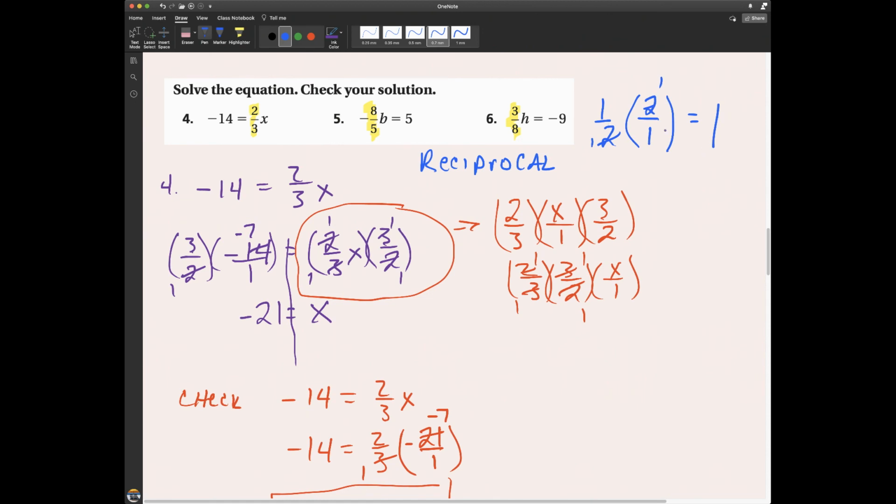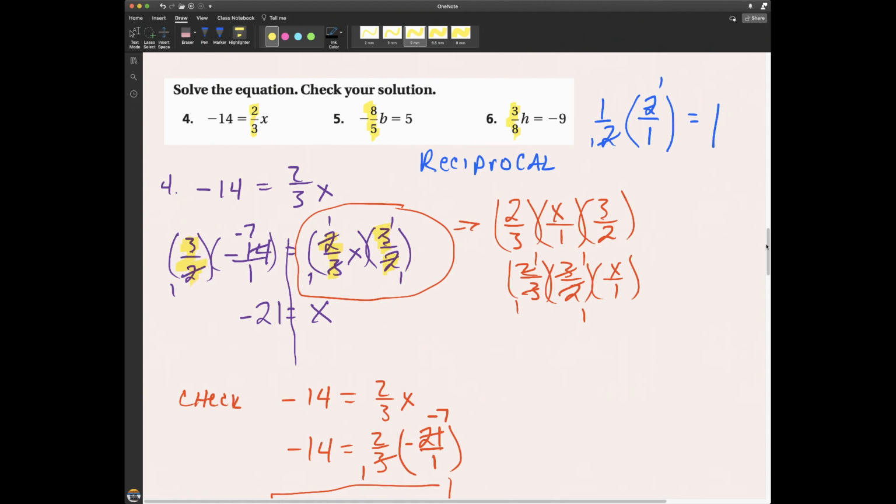So remember reciprocal, okay? So that's how we are going to isolate x, is we are going to multiply, like in this first problem. Here I have 2/3 x, and what did I do? I multiplied by the reciprocal, which is 3/2. And if I multiply this side by 3/2, I have to multiply this side by 3/2. And you see the canceling that I did there.